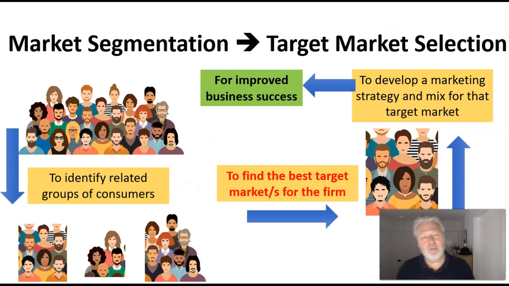Now, just to set the scene, let's quickly recap our market segmentation and target market selection process. In the market segmentation component, we start with our overall market, and through segmentation we try to identify groups of related consumers, groups that have some common areas in terms of marketing.